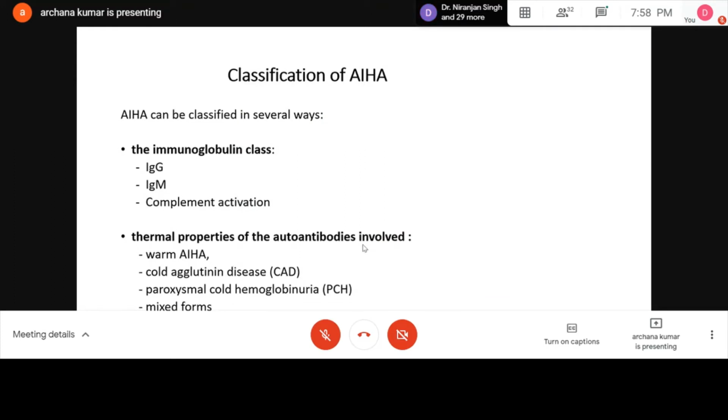Classification of autoimmune hemolytic anemia can be done in several ways. First of all, the immunoglobulin class which is involved. They could be IgG, IgM, or it could be due to complement activation. Or this could be classified by the thermal properties of the autoantibodies, and this is what we just talked about. It could be warm AIHA, cold agglutinin disease, paroxysmal cold hemoglobinuria, or mixed forms.